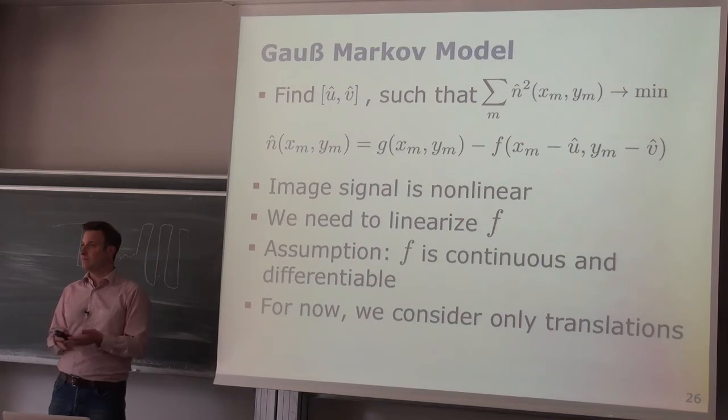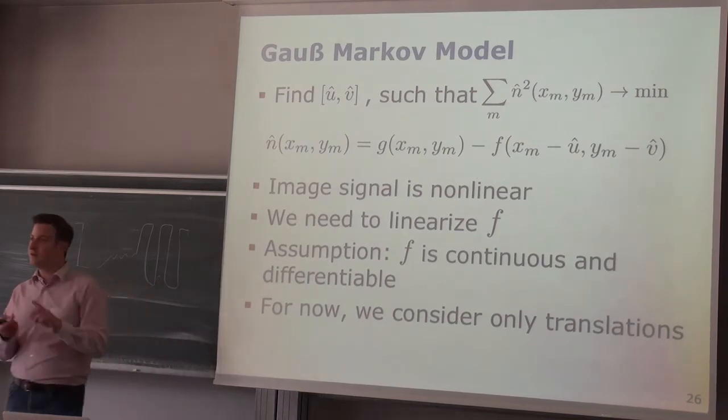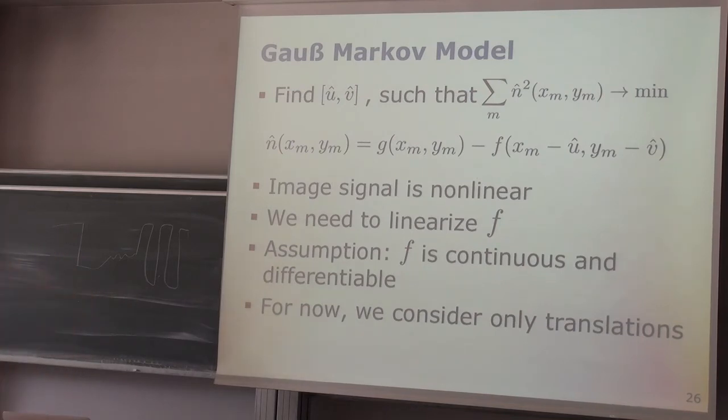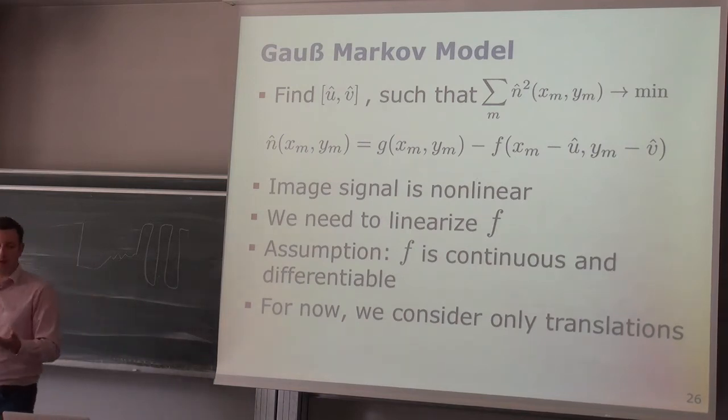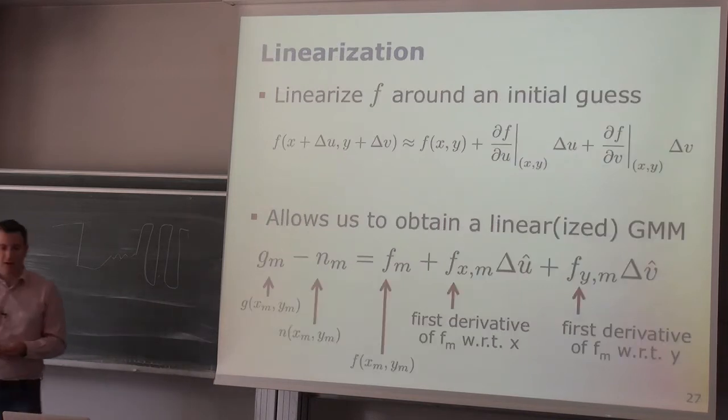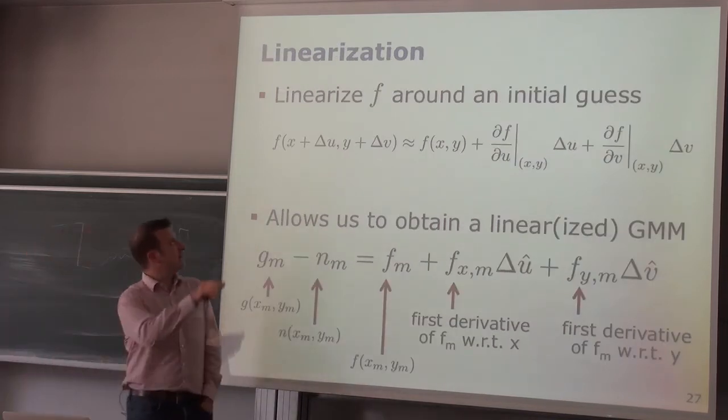Otherwise, that would not be possible, of course, but we have seen with those operators that for an image we can estimate the first derivative of the image function. So what we need to do now is linearize our function f. Most realistic images are highly nonlinear. So how do we linearize our function?